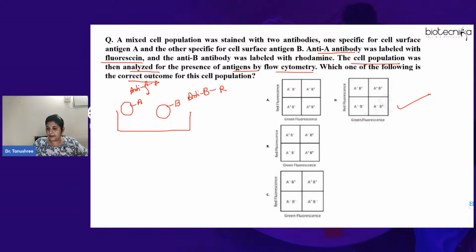Fine, great. Yes, absolutely right, Komal. Double positive and double negative. Just recall in which quadrants double positive and double negative are present.